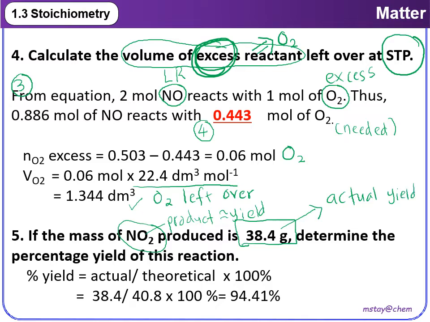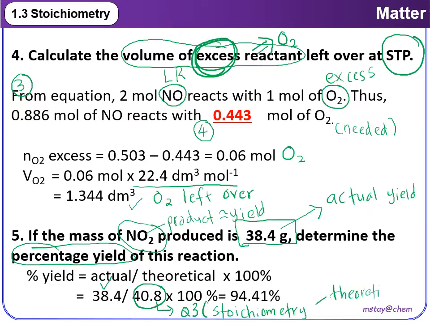If we want to determine the percentage yield, we use actual yield divided by theoretical yield. The actual yield given in the question is 38.4 gram. The 40.8 gram is from question 3, where you get this answer through the stoichiometry calculation, which is the theoretical yield.